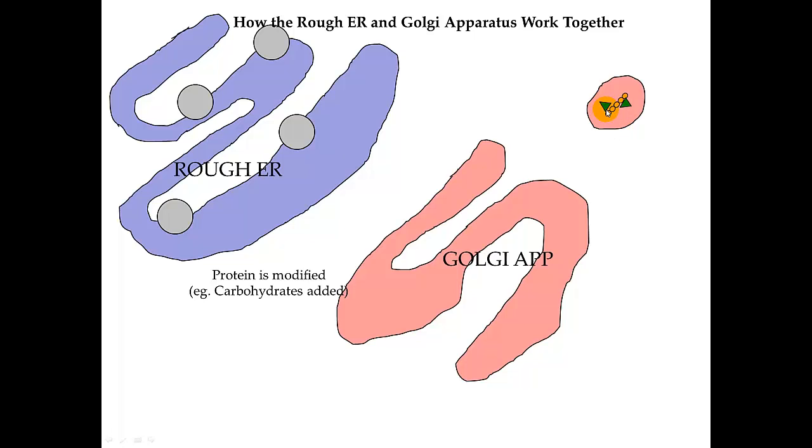So to sum up what we've just mentioned here, the take-home point is this. We've been taking a look at how the rough ER and the Golgi apparatus work together to make a protein. Here's kind of how all of that works in order. First, the ribosome that's attached to the rough ER makes the protein. That protein then buds off of the rough endoplasmic reticulum.